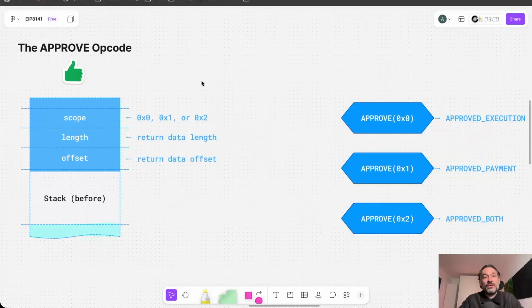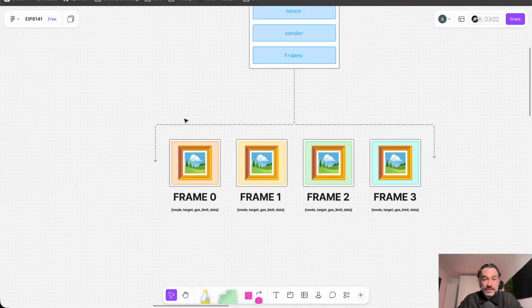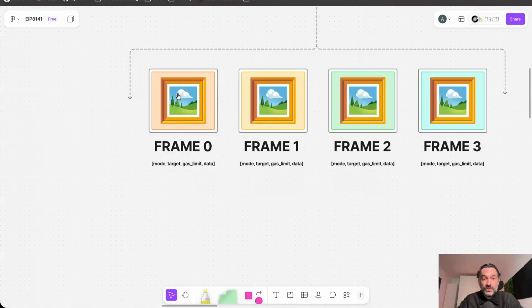As an example, just imagine a sponsored transaction. Frame 0 is Alice sending in verify mode. Inside the verify mode, she calls this opcode approve to approve execution, let's say approve with scope 0. So now the sender approved field is true. In the next frame, frame 1, is the sponsor verifying frame.